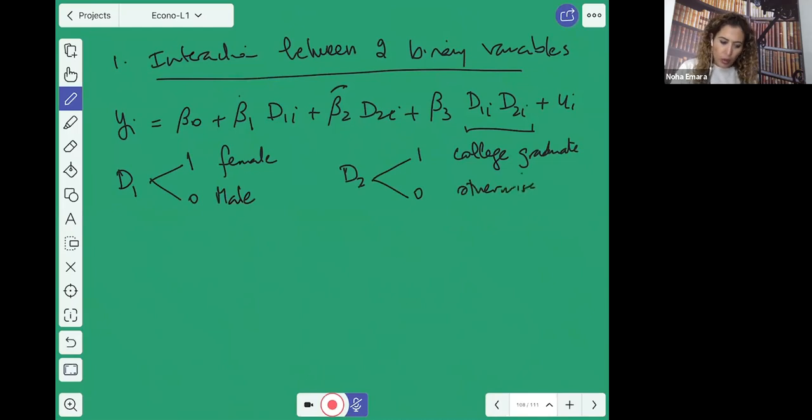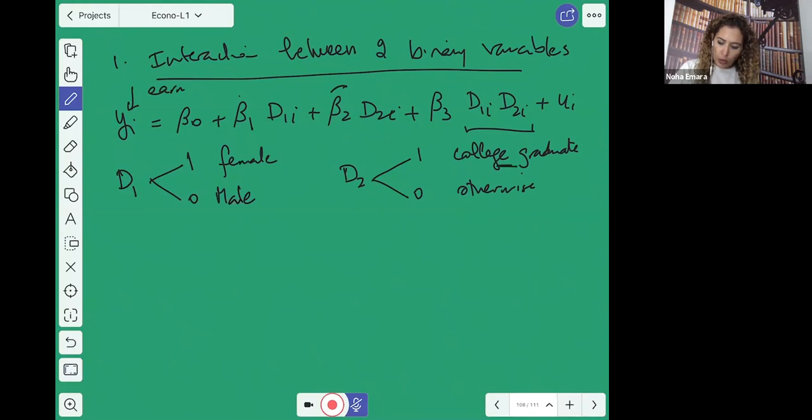All right, so now we need to analyze the following. What is the effect? And I forgot to mention that this is earnings, or log earnings. So this is how much they earn. I want to analyze the effect on earnings due to having a college degree or not.